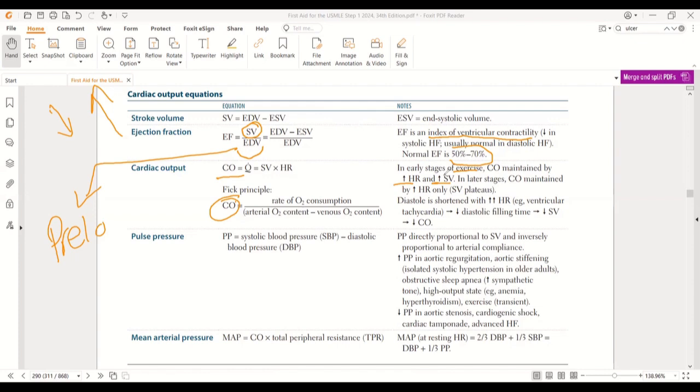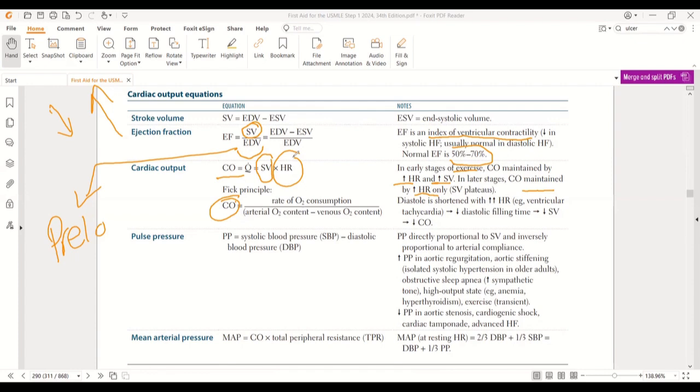But in the latter stages of exercise, cardiac output is maintained by increased heart rate only, and stroke volume becomes plateau. Right?